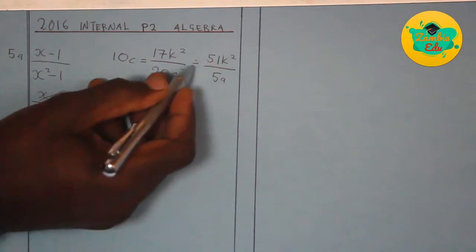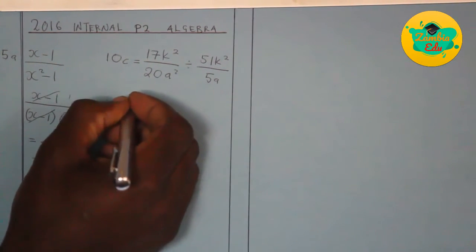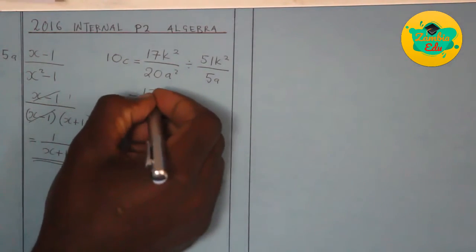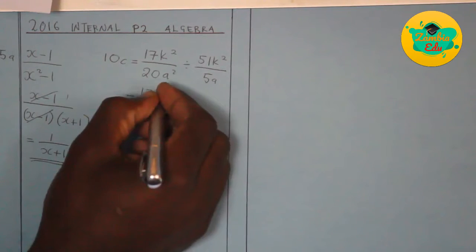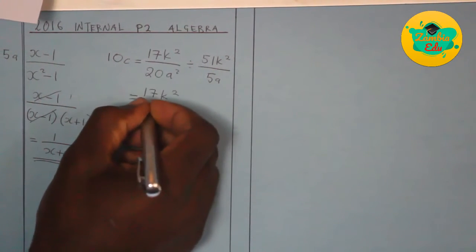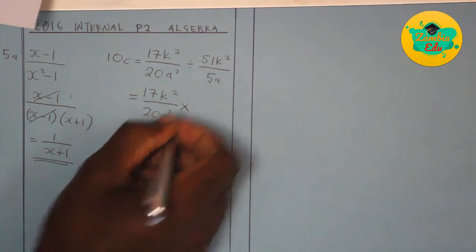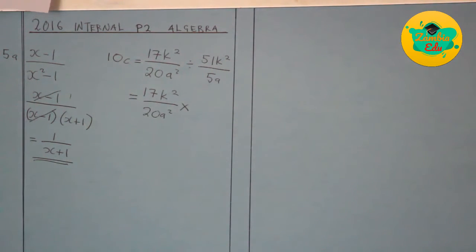We quickly make sure we change the sign there, so that we were able to solve it. So we maintain this part the way it is, k squared over 20a squared, then you introduce a multiplication sign.